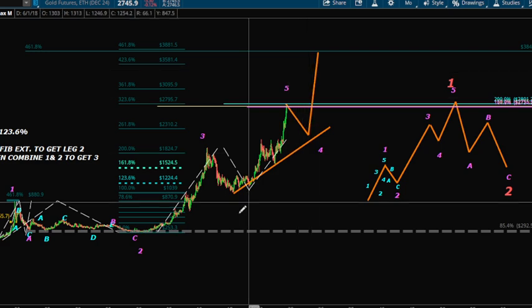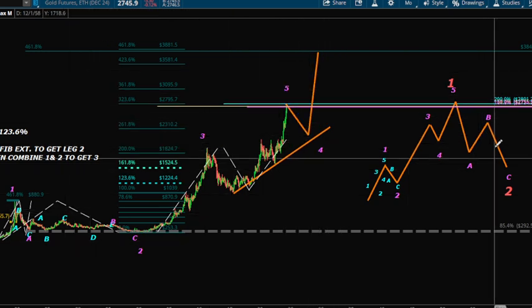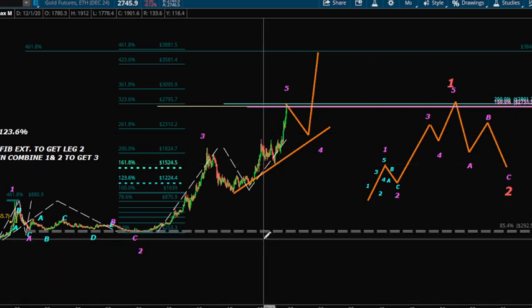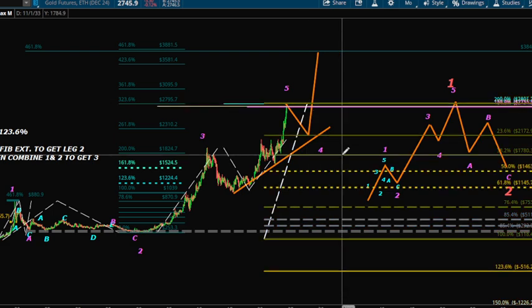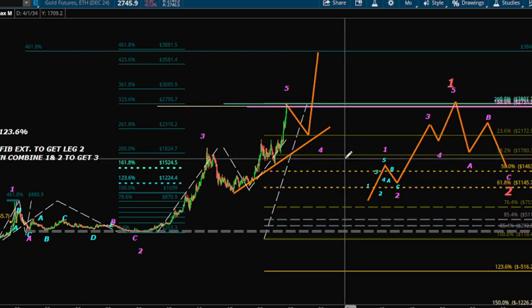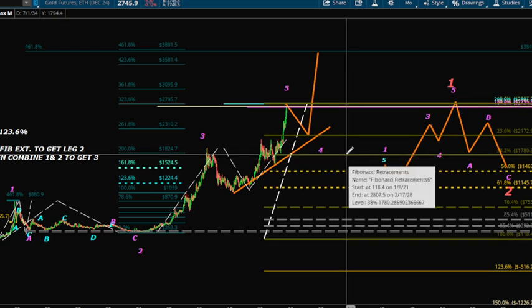So let me ask you this: if this 5th wave is done, what kind of correction are we going to see here? Well, you take out your little tool here, and even at the 38.2 percentile, that would put us back at 1,794.